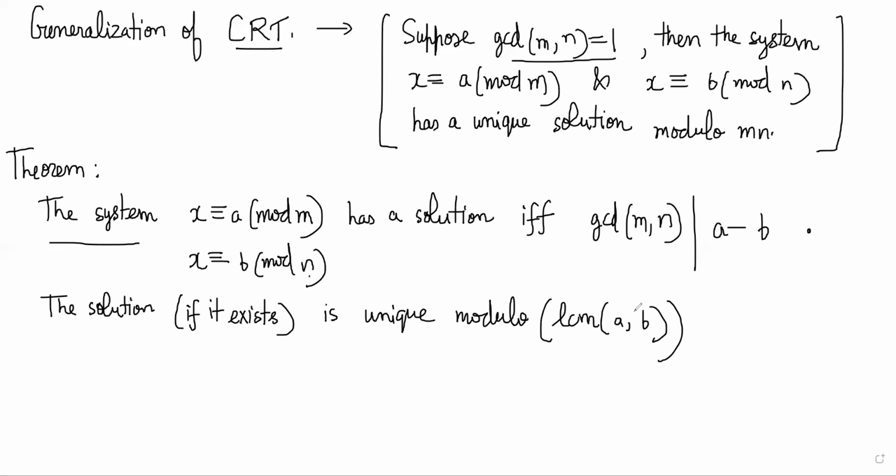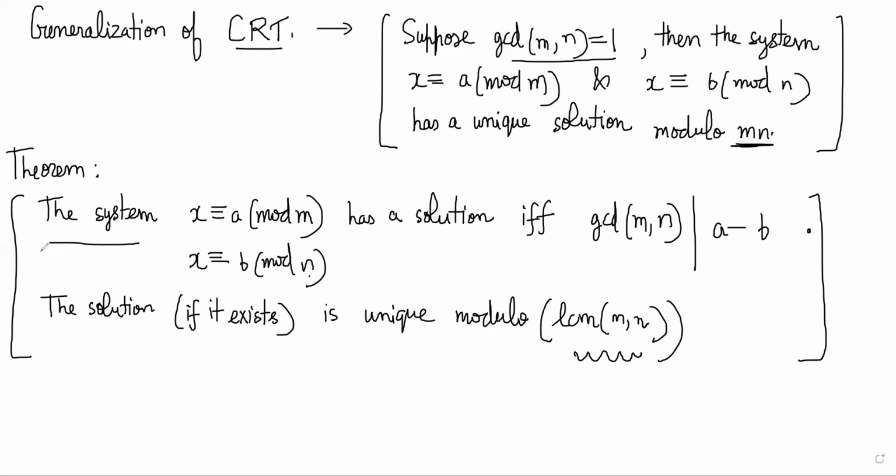It is M and N, I think. This is M and N. Think about it: if GCD of M and N is 1, this is very obvious. Then it becomes the Chinese remainder theorem, because LCM is MN then.